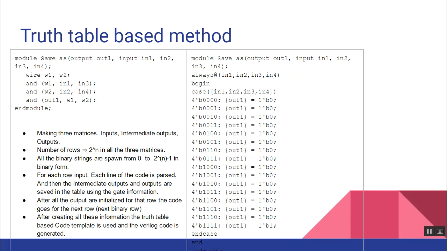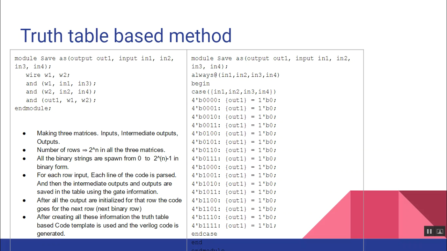Now the module here consists of the truth table based method, which includes a model with one output and 4 input pins. As there are 4 input pins, 16 different input combinations are possible. We will make 3 matrices: input, intermediate outputs and outputs.